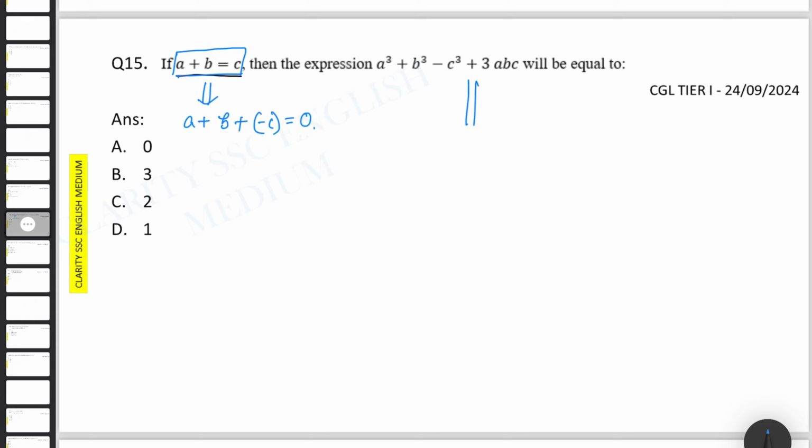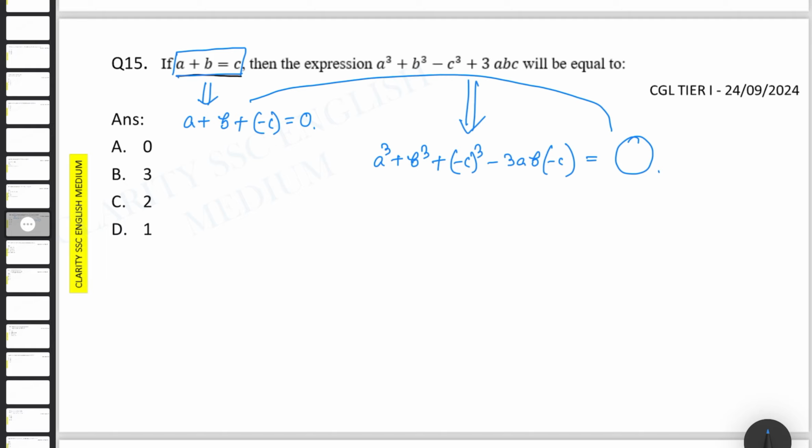So this expression will become a cube plus b cube plus minus c cube. Here I am writing c in the form of minus c, minus thrice a, b and minus c. So this expression will become 0. Why? The sum is 0. So the correct answer is 0 only.